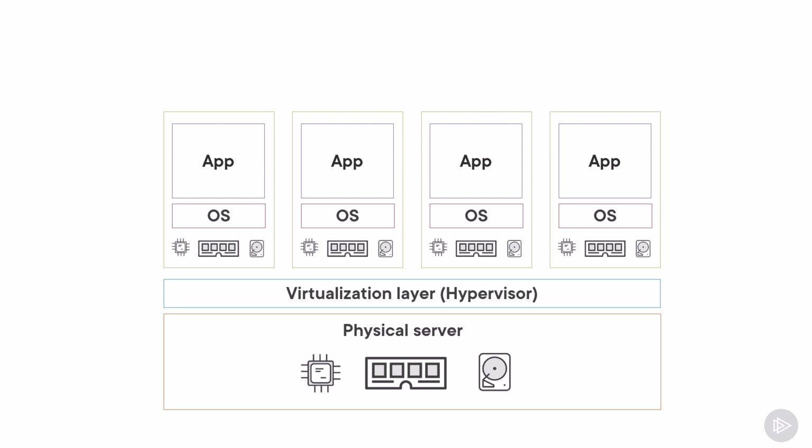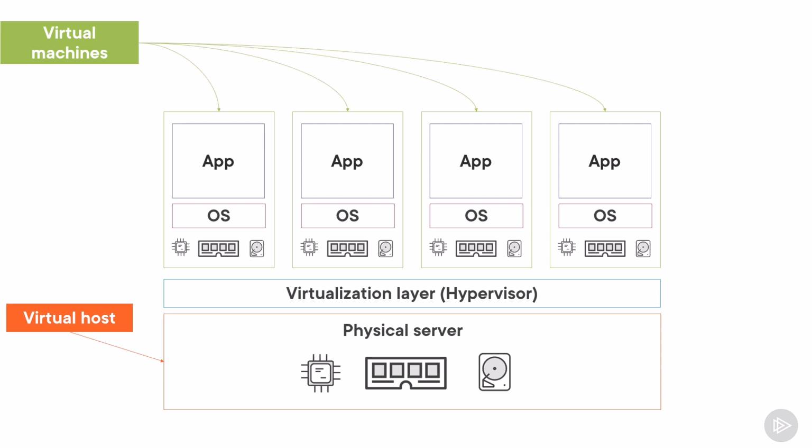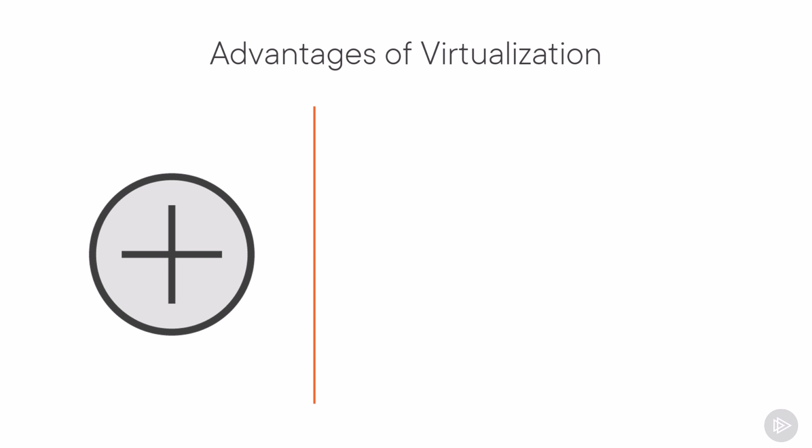So if we recap the terms, the physical server is also called the virtual host. We also have the virtualization layer, as we have specified before, which is called the hypervisor, and over that we have our virtual machines. So what are some advantages of virtualization? We talked a bit about them before, but let's do a quick recap.